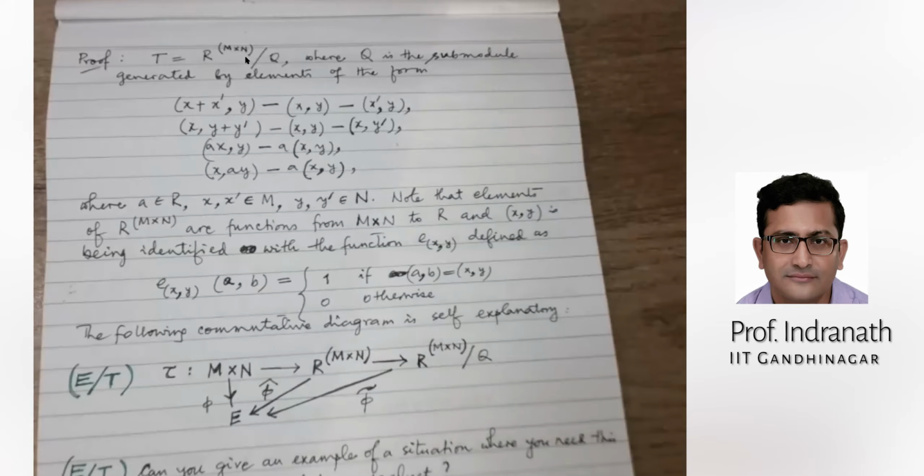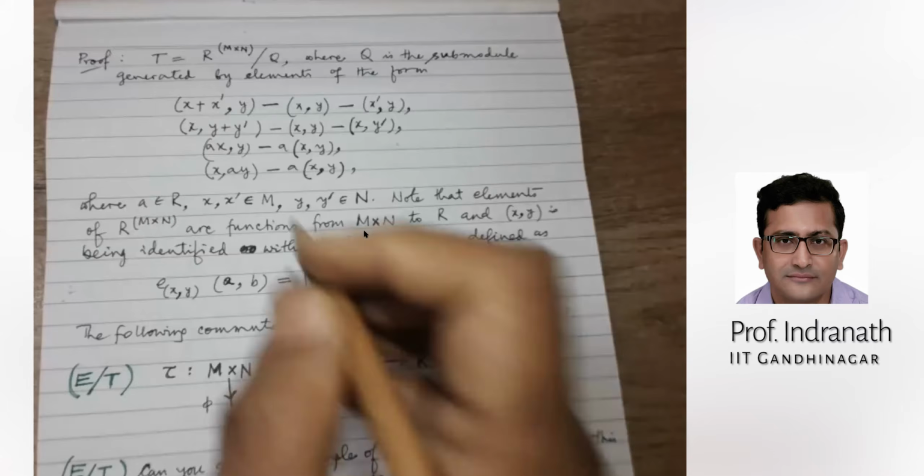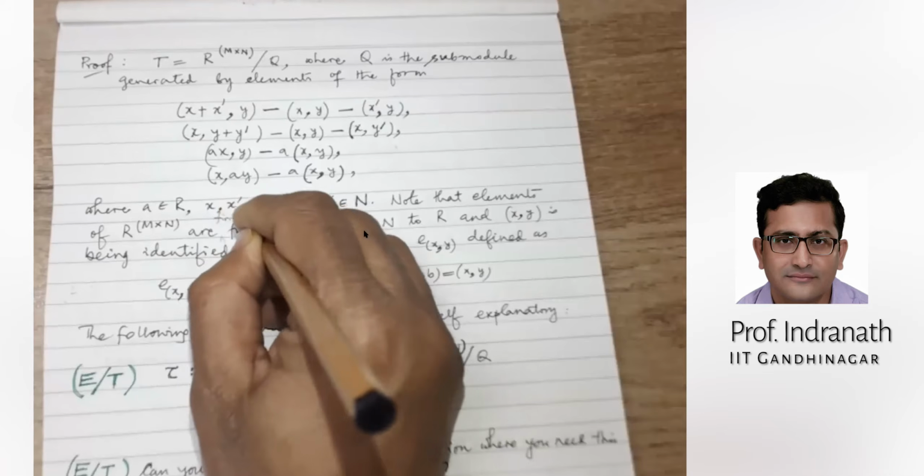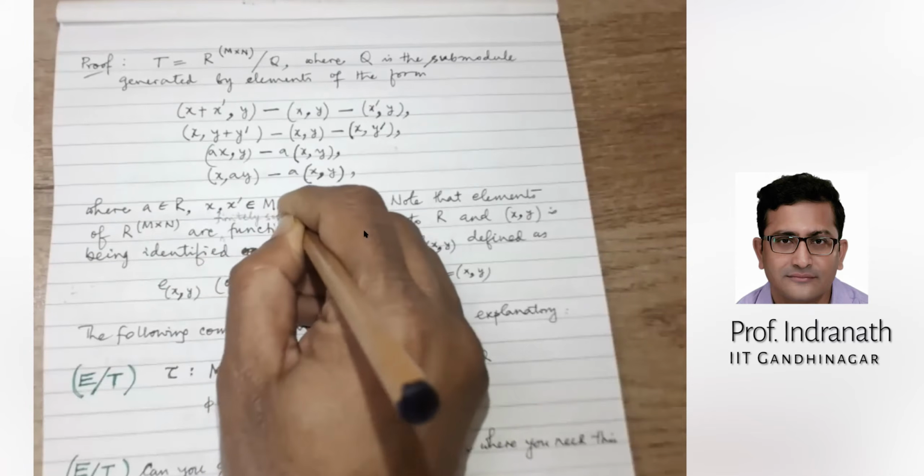Okay, now take this free R module and quotient it by the submodule which is generated by relations. Please note that elements of R raised to the bracket M cross N are functions from this to this. I'm sorry, I should have said finitely supported, not all functions.